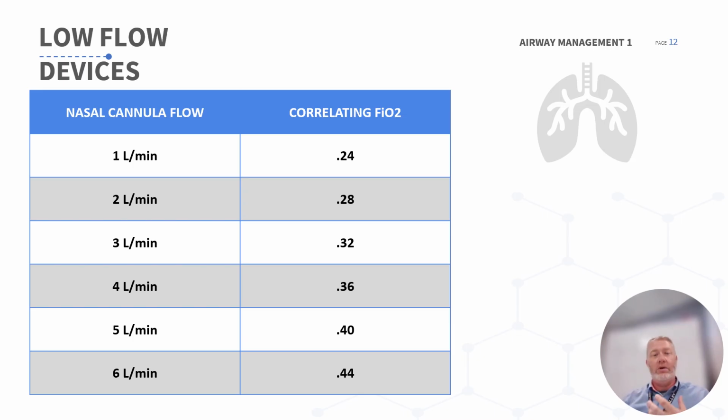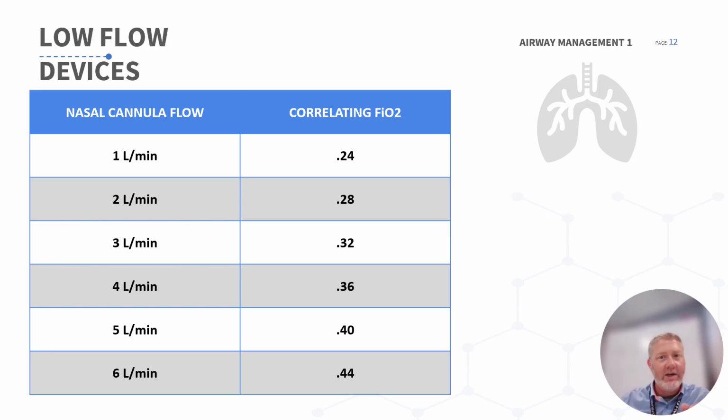So if the patient increases the amount of air per breath, they're entraining more air around those prongs. So the actual oxygen percentage that is being delivered to the patient's lower airway is lower in that case than this chart that you've probably memorized.